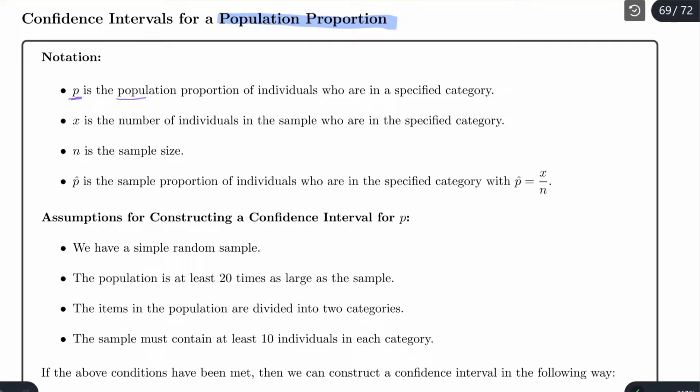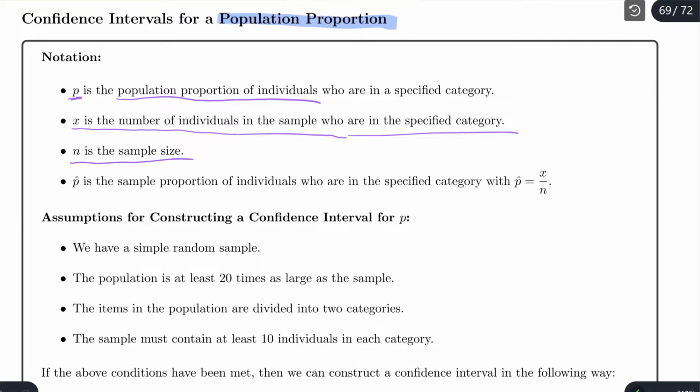Lowercase p is the population proportion of individuals who are in a specific category. So this is the parameter that we want to estimate. X is the number of individuals in the sample who are in the specific category, and n is the sample size.